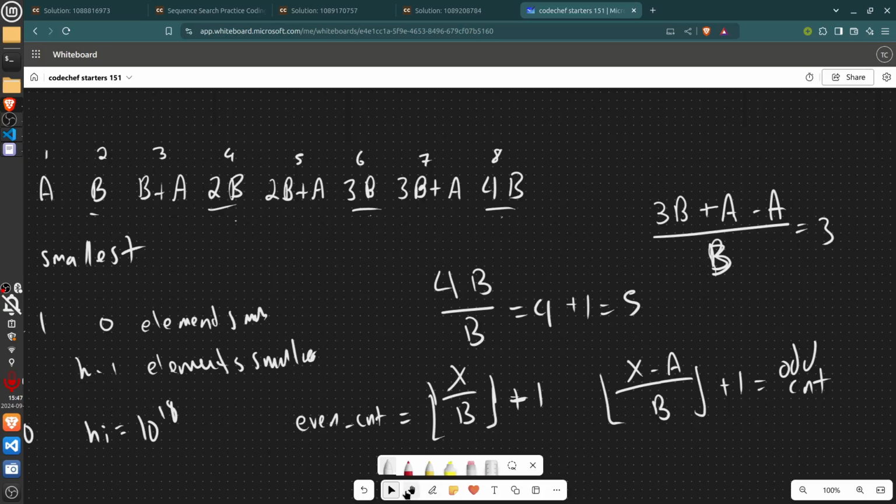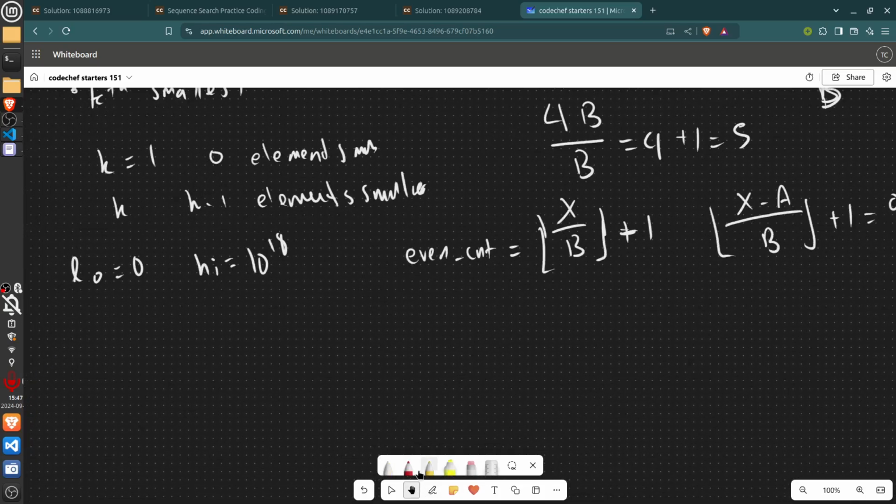And so if you sum even count plus odd count, and let's say it's smaller or equal to k, what does that mean? If it's smaller or equal to k, that means it satisfies it.